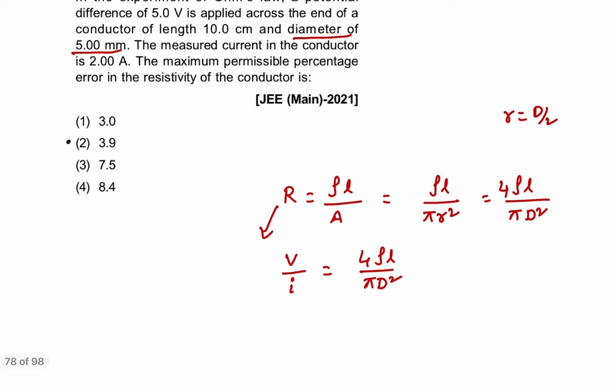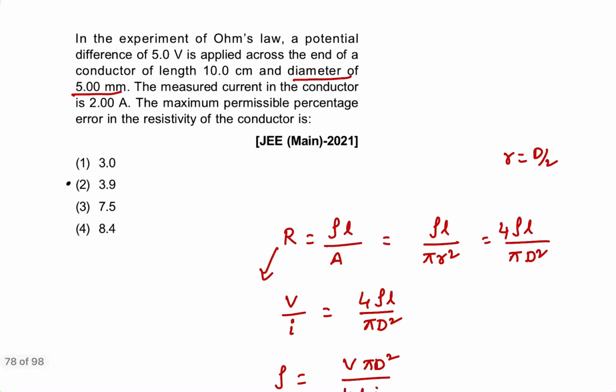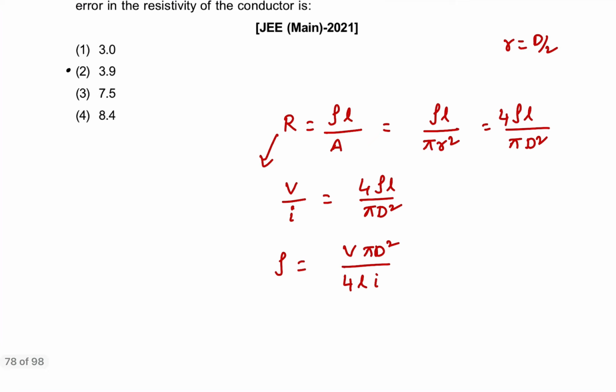Again, resistance R can be written as voltage by current, and that value is 4 rho L by pi d square. Now we want the rho value. So rho is equal to V into pi d square divided by 4 into L into I.